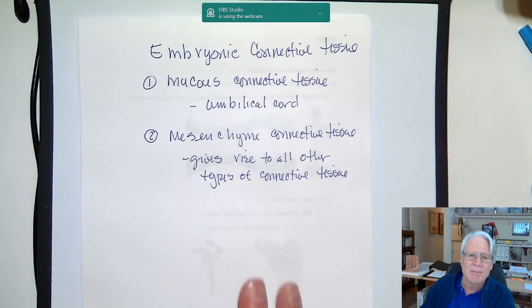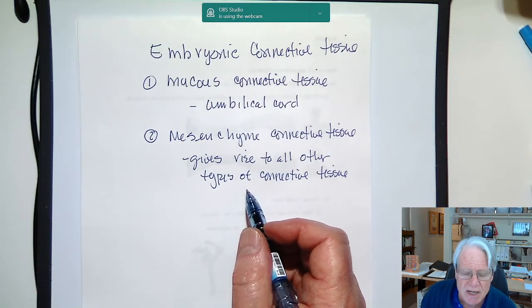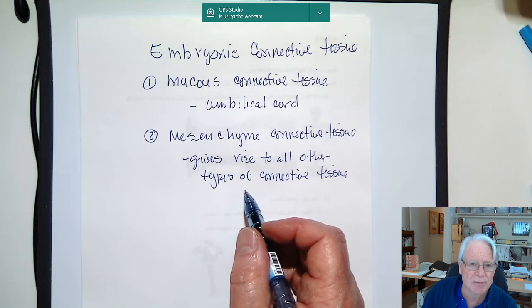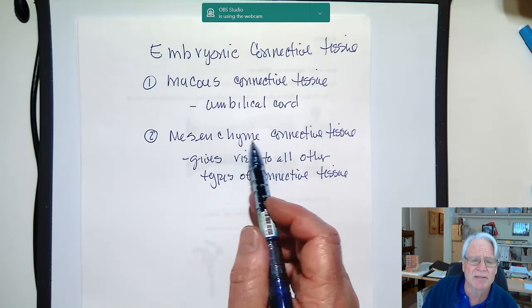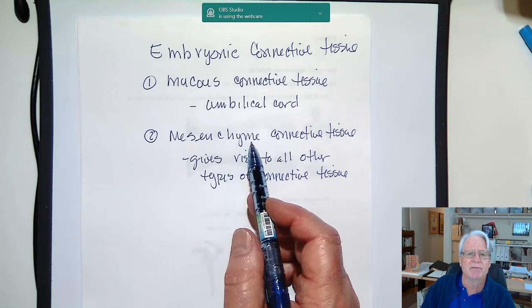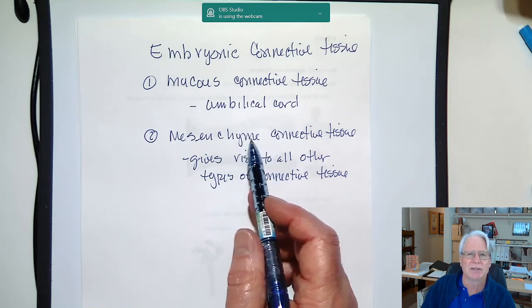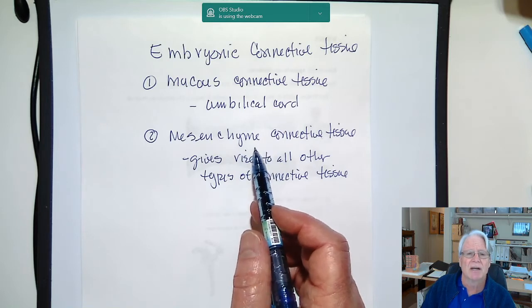And we'll come back and we'll talk about mesenchymal connective tissue, for example, when we see how bones are produced, how they're made. We start off with the embryonic form of connective tissue, mesenchymal connective tissue, and then we launch that onto a developmental pathway that will form bones eventually.